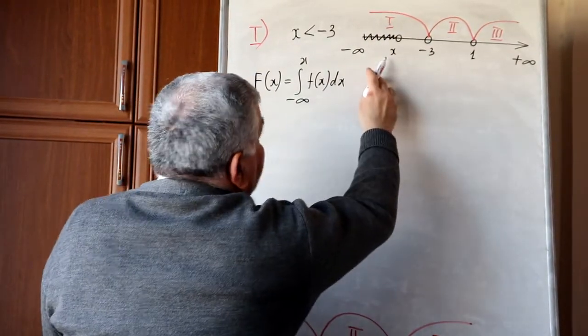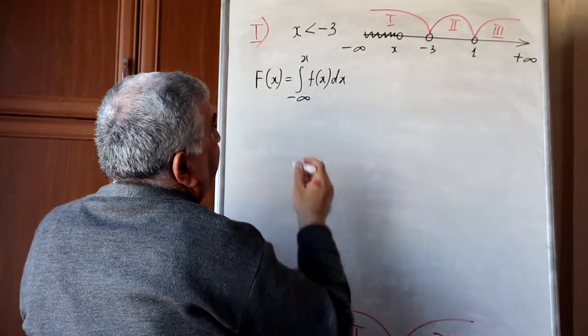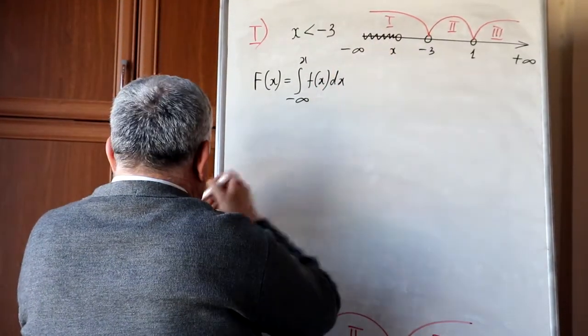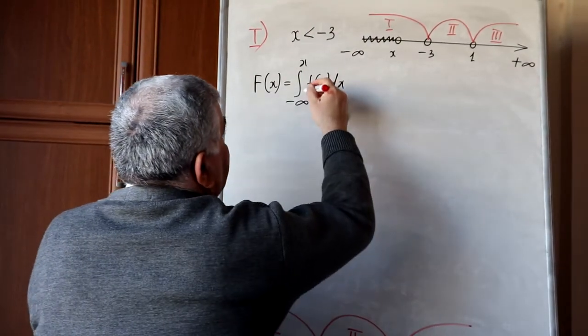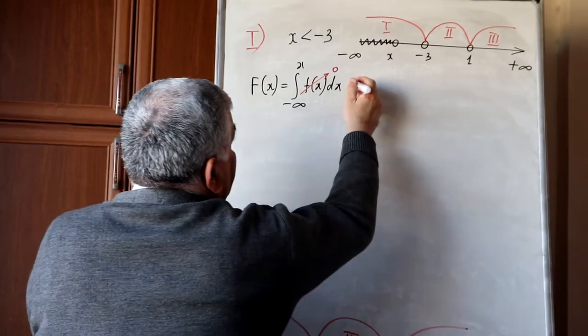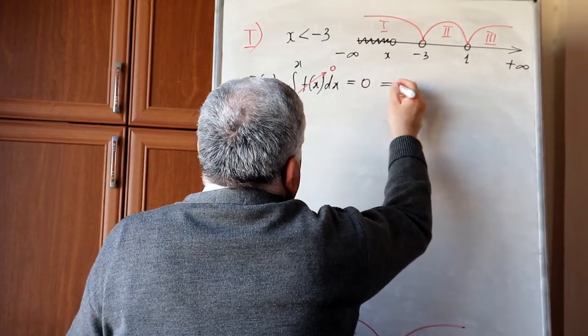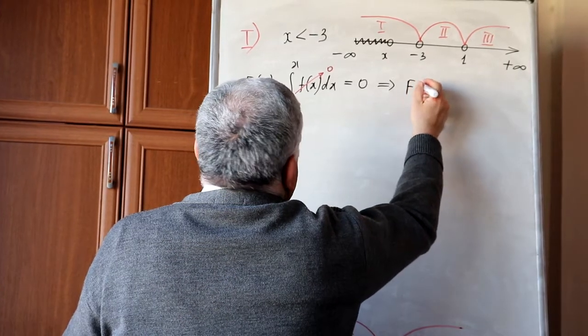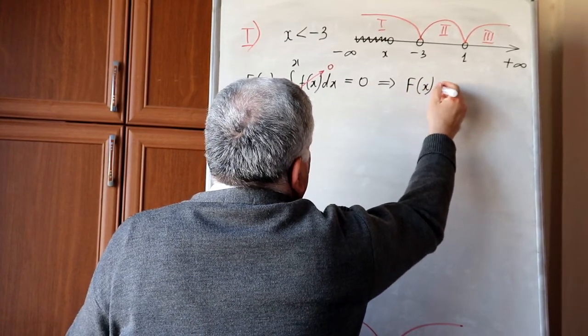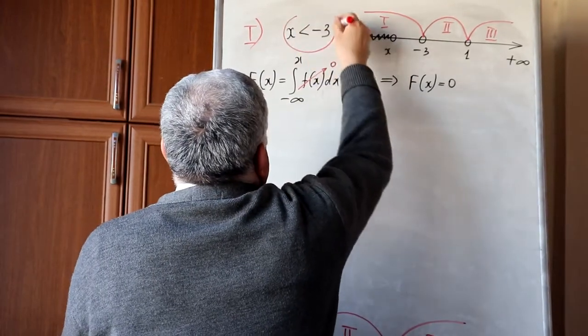And this interval belongs to the first interval, and in this interval f(x) is 0 according to the condition, and therefore F(x) here is 0. That is, in the first case F(x) is 0 if x is less than -3.